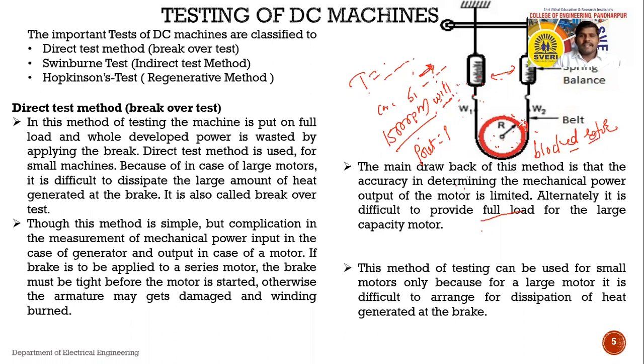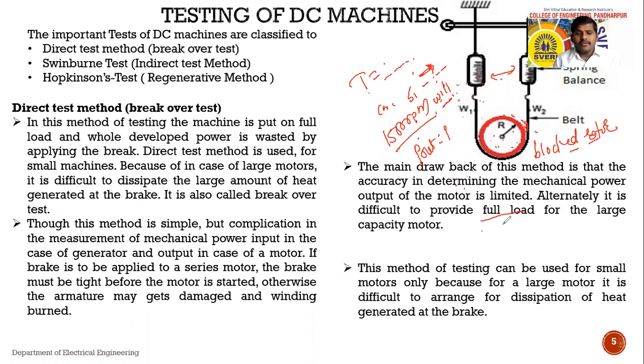This is a drawback of the direct method of testing. Now see, this method of testing can be used for a small motor only. We are not using this test for a large machine or large motor, because it is difficult to dissipate the heat generated due to the frictional force, by the friction between the pulley and the belt.